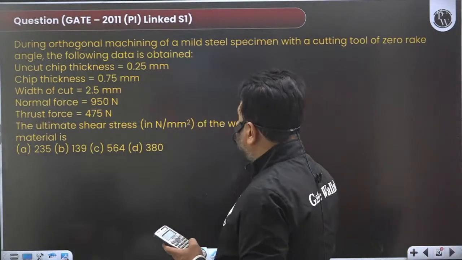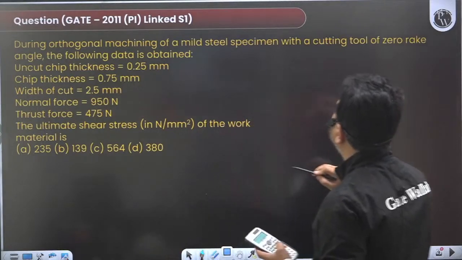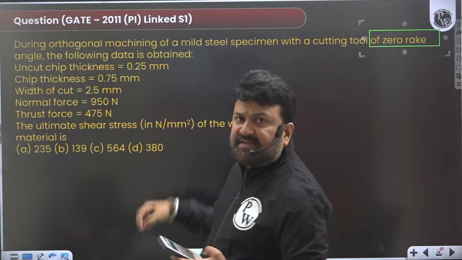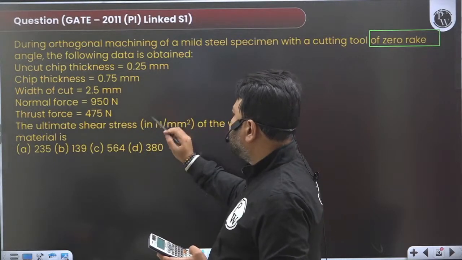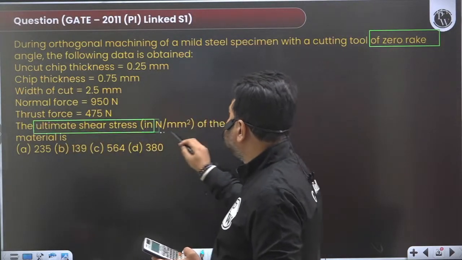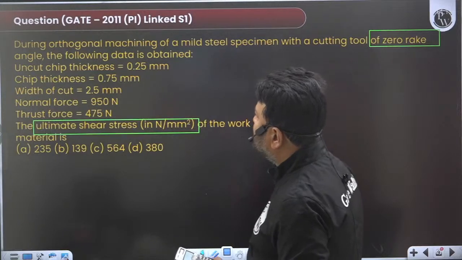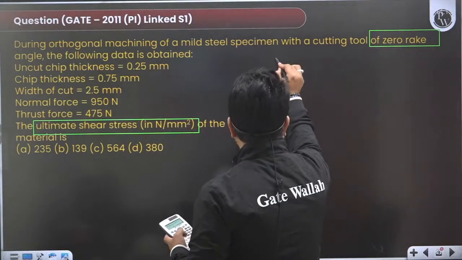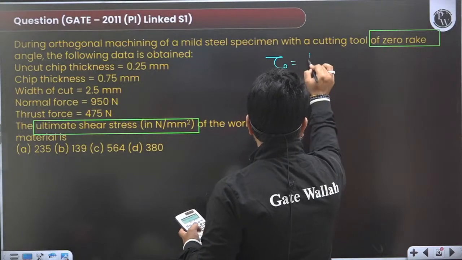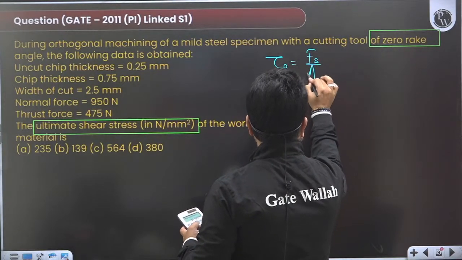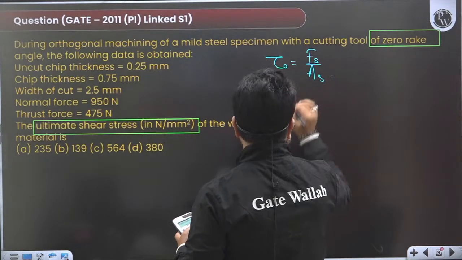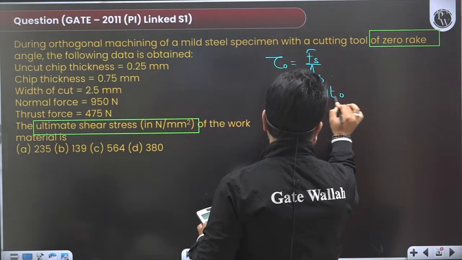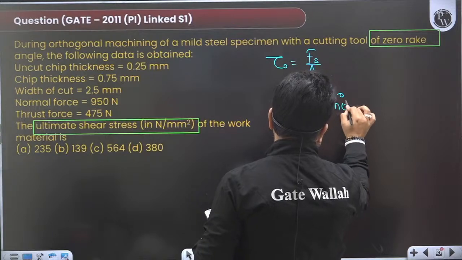We have to find, during orthogonal machining of mild steel specimen with cutting tool of zero rake angle, here data is same, everything is same. We have to find ultimate shear stress. We know that ultimate shear stress is Fs by As, and shear plane area is W t naught divided by sine phi.